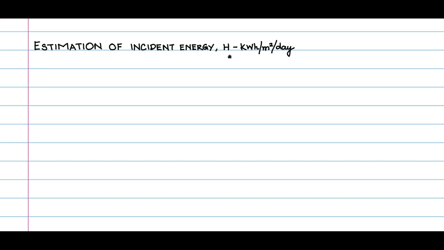However, this incident solar energy is dependent on many factors and many parameters. So it is important that we have a look at these factors that affect the incident solar energy H. A note of caution, this H I am calling as the incident solar energy in kilowatt hours per meter square per day. In literature, you will find the solar energy is also referred to as irradiance, as solar irradiance.